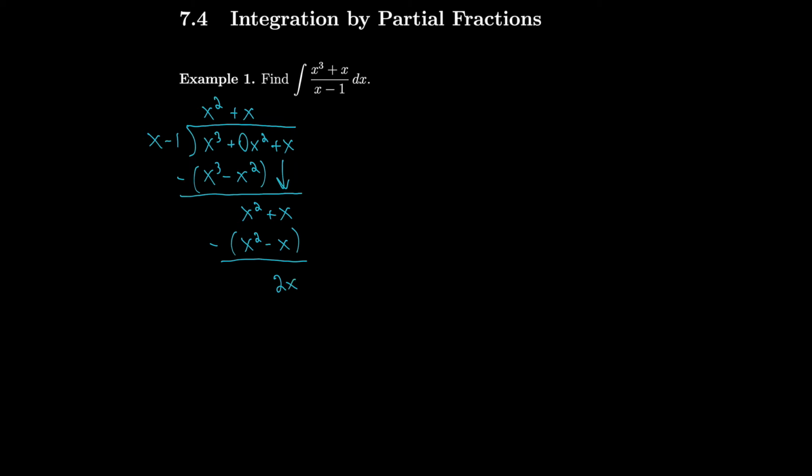So we divide again. 2x divided by x is just 2. We multiply and get 2x minus 2. We subtract, and we just end up with 2. So it looks like we have x squared plus x plus 2 with a remainder of 2. So now we can rewrite our integral.